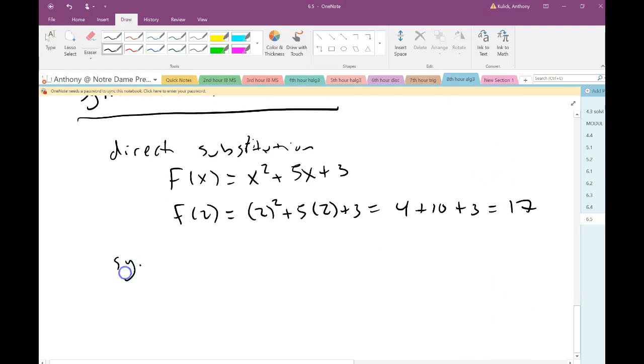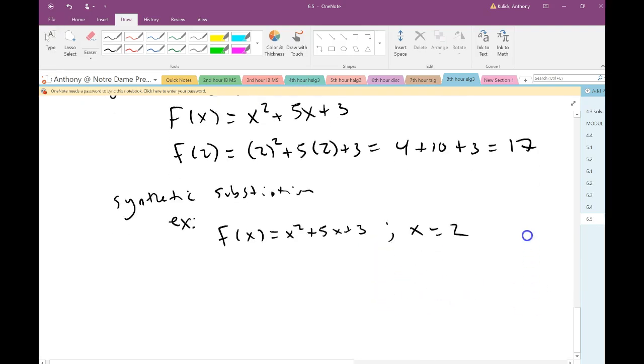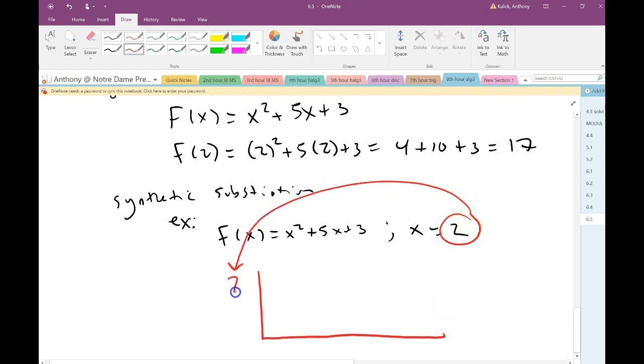You could also do something called synthetic substitution. So if we do the same thing, if we have my polynomial, and we want to know what it is when x is equal to 2, we're going to take this number, and we're going to build this little graphic organizer, and this number is going to go out here.